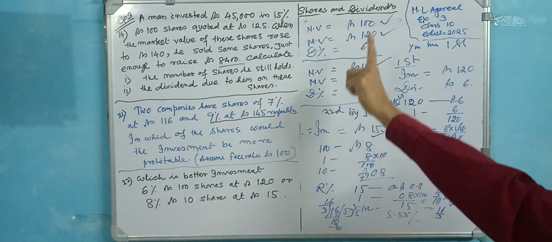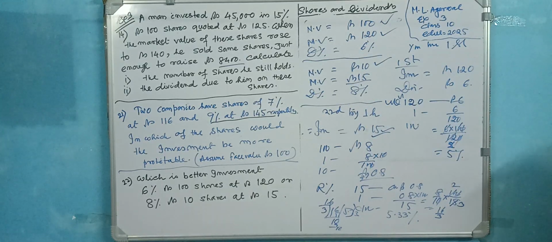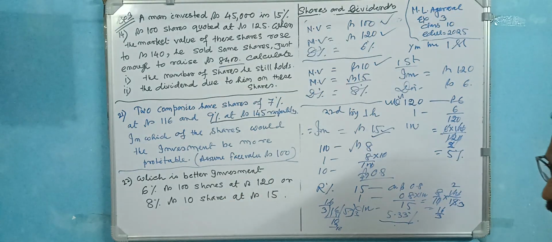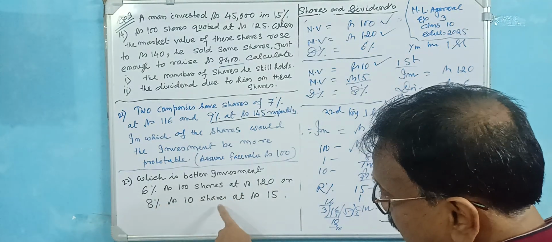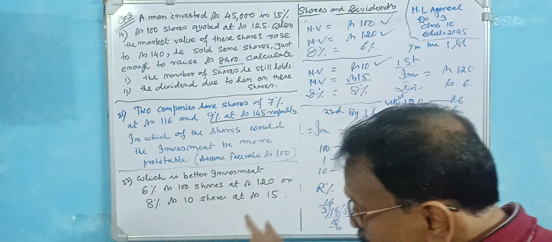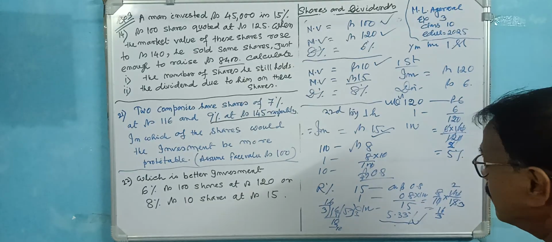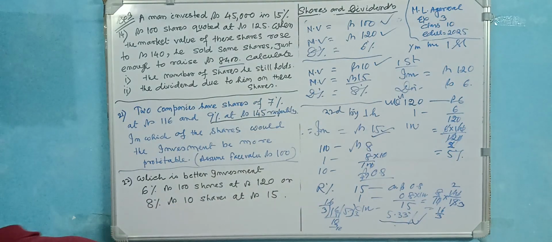Here it is 5% in the first case, and in the second case, what is the return percentage or yield? This is 5.33. So it's greater. So if you invest in the second part, this is a better investment. So 8%, rupees 10 share at rupees 15. If you invest, this is a better investment, because the percentage of return is greater here. Okay, this is the way, on the basis of the percentage of return.